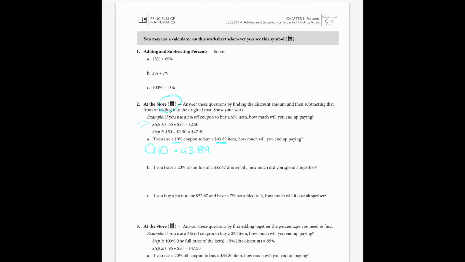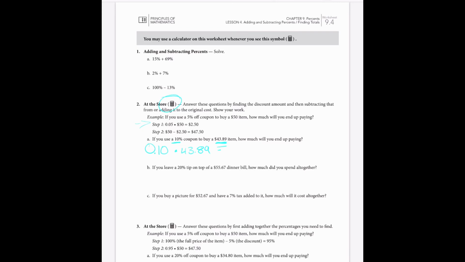So go ahead and multiply. Make sure that you multiply correctly, okay? So 0.10 times 43.89. All right, so make sure that you multiplied correctly.